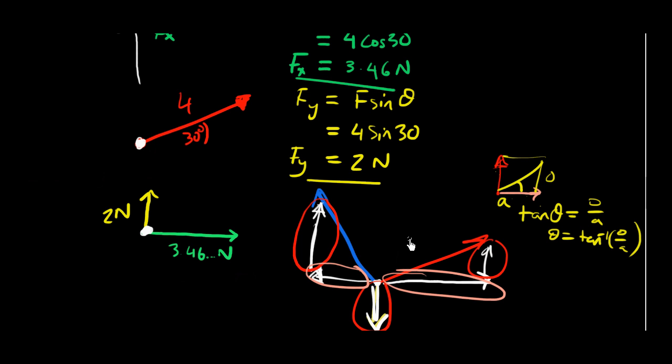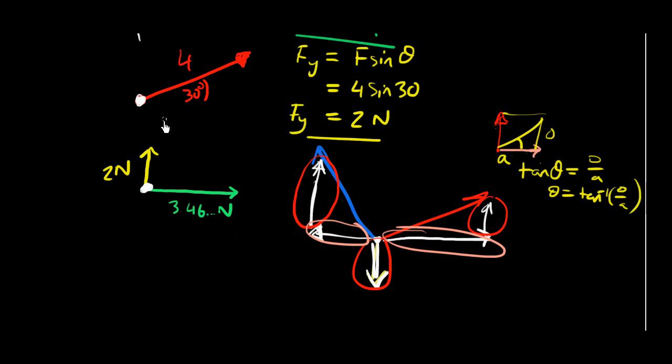Sometimes the usefulness of being able to split it up is that you have a whole mess of vectors, like we had here, the red, the blue, and the white one, even though it's not very visible. You could have all sorts of vectors, and the easiest way to add them up, instead of making triangles and adding them head to tail, is to just add the components going in this plane and the components going in that plane.